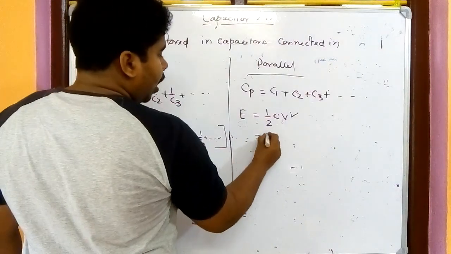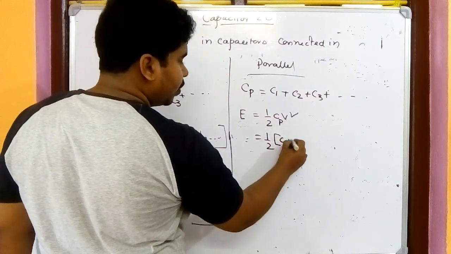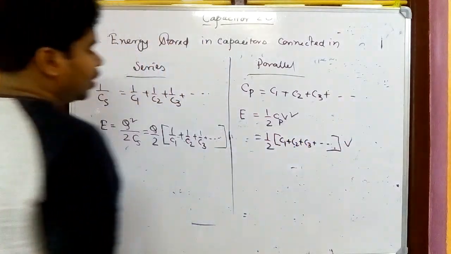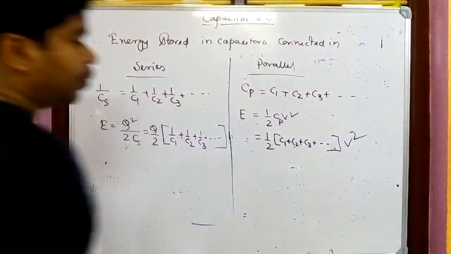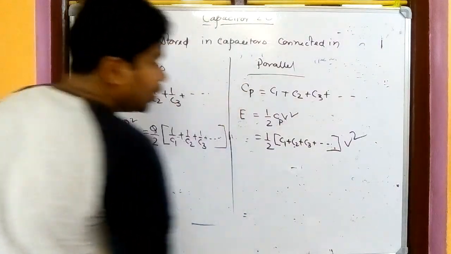So half of, instead of C, I have to write Cp, that is C1 plus C2 plus C3 plus so on, into V square. That should be the energy stored in parallel combination of capacitors. For series and for parallel, how much energy can be stored, we can find out this way.